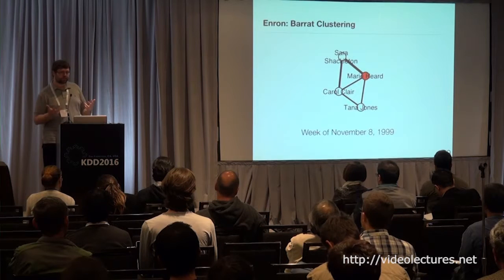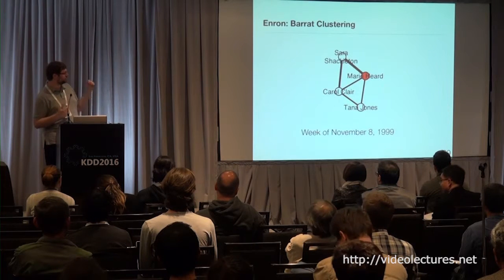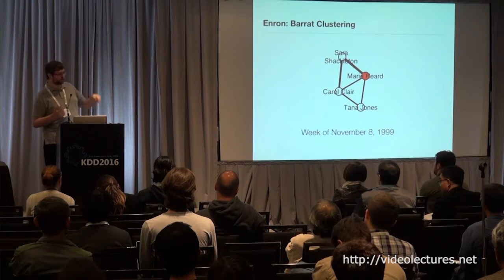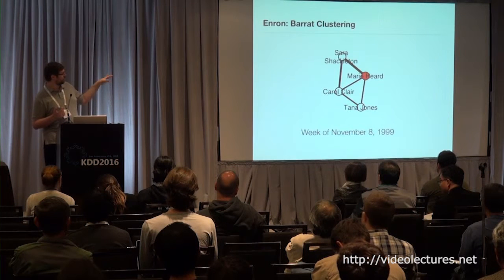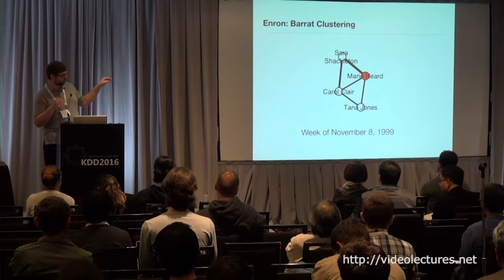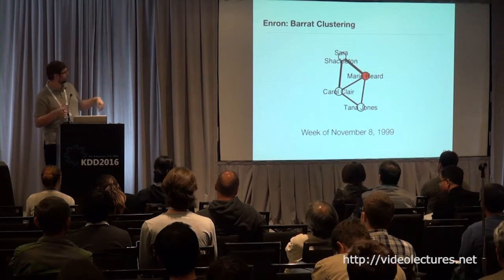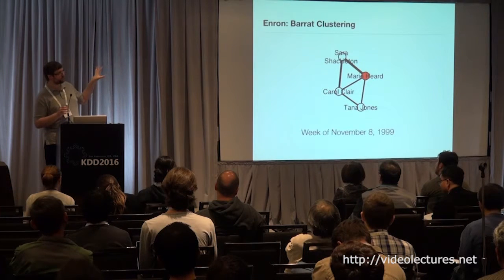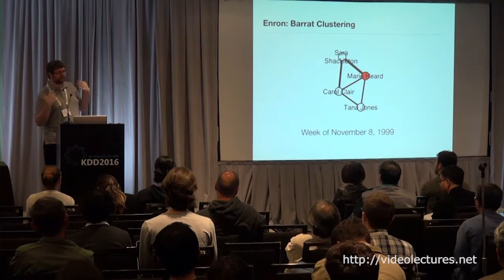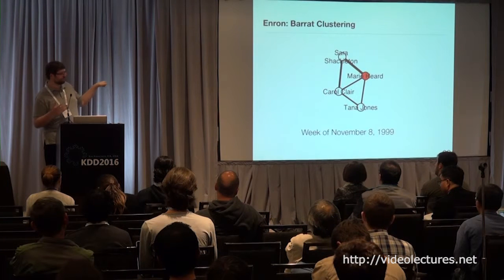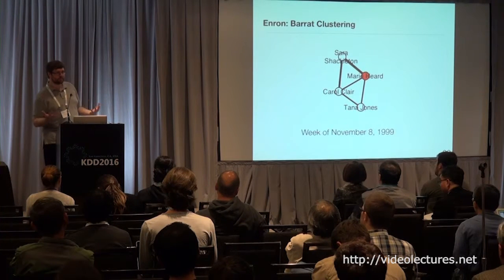And this is because Barat clustering very highly penalizes communications that go outside of the local triangle or the triangular communications. So it prefers triangles that are on their own, even if the actual amount of communication on those triangles is not actually very high.